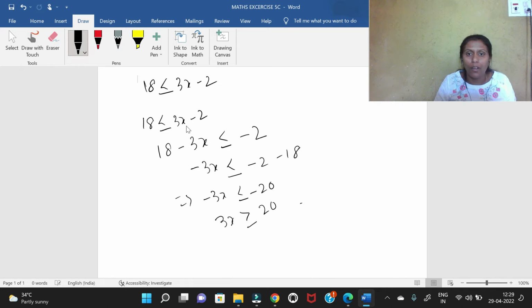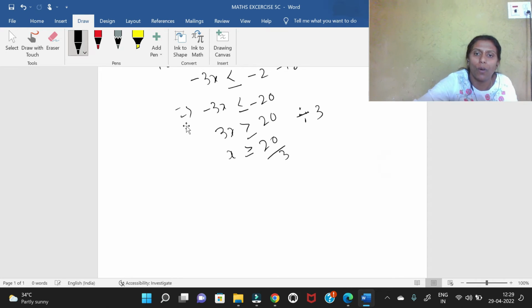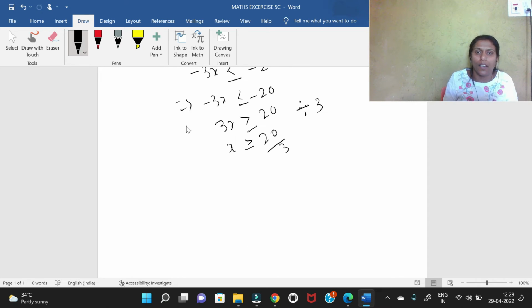So therefore, what I do here is, let me divide the entire equation by 3, so that here I'll get a whole number, just for the safer side. Instead of racking our head, instead of thinking too much, we're just doing this, right? So therefore, when x was greater than or equal to 20 by 3, it means that is the solution set.